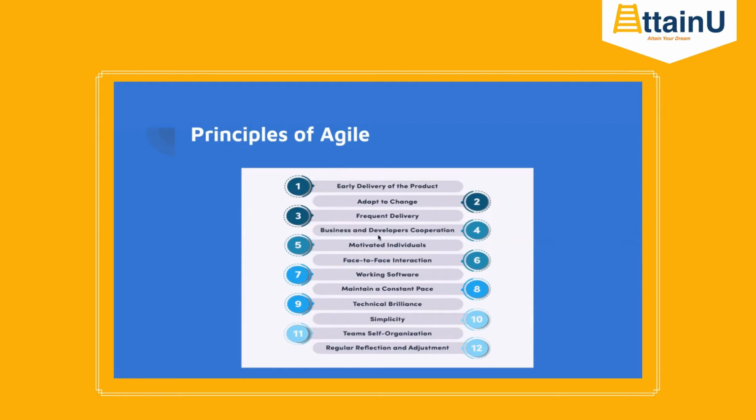Your business and developers come into cooperation. So in Agile, we work together, both the business owners and the developers, on specific features and on how they can make them better over time. So we work as a team, right?